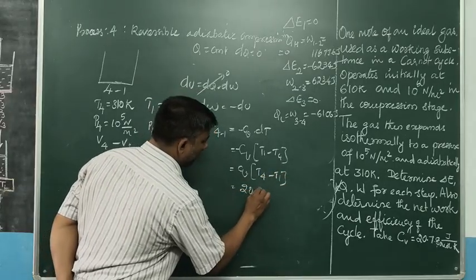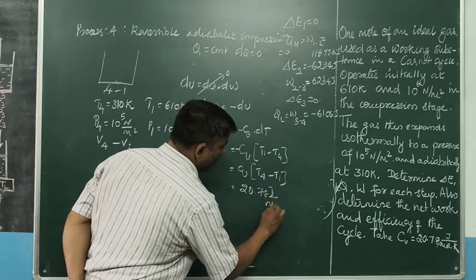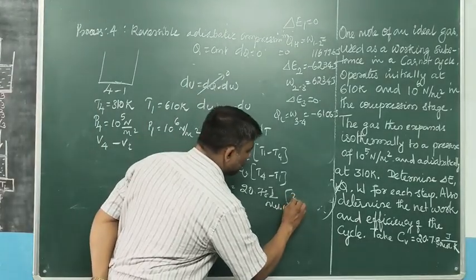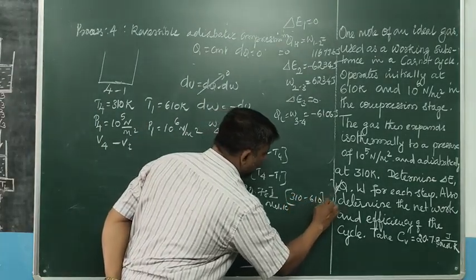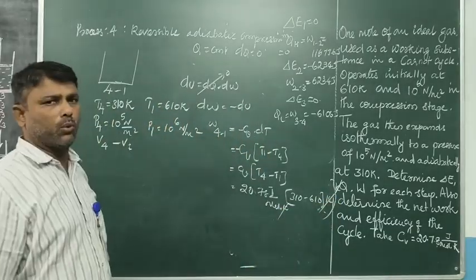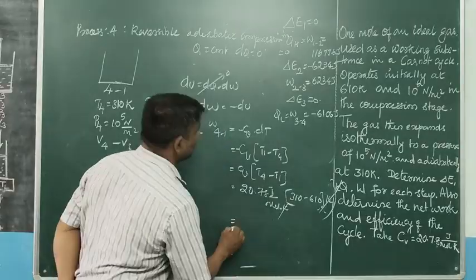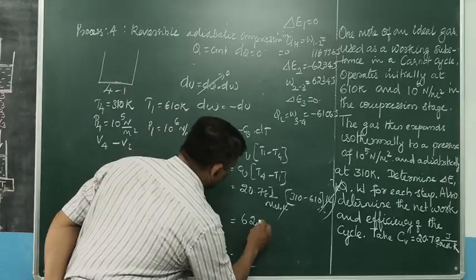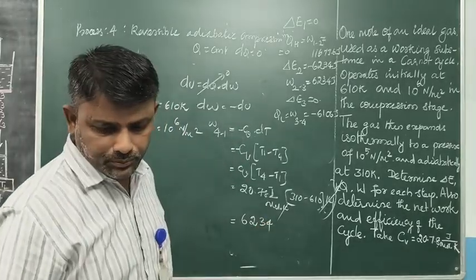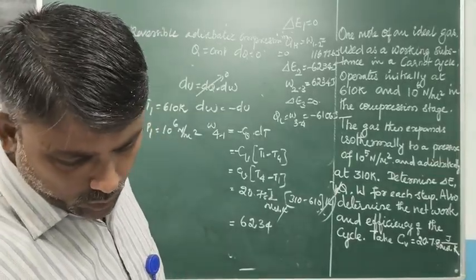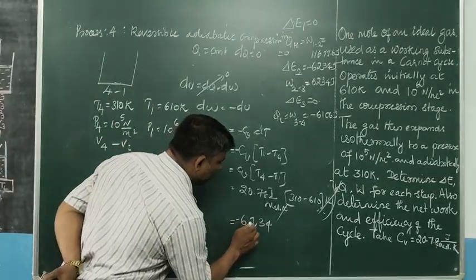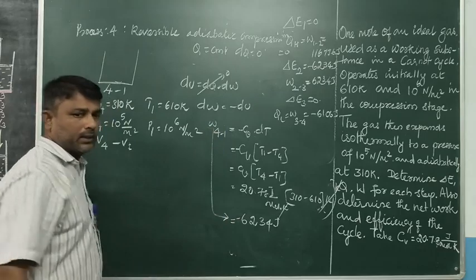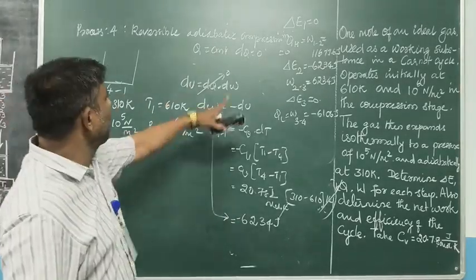CV is nothing but 20.78 joule per mole degree Kelvin into T4, 310 minus 610 degree Kelvin. Degree Kelvin gets cancelled. For 1 mole gets cancelled. The answer becomes minus 6234 joules. That means this is the amount of work done on the system for adiabatic compression.